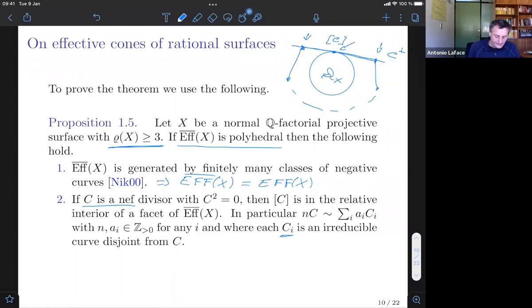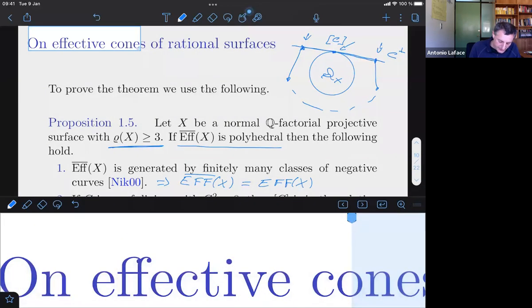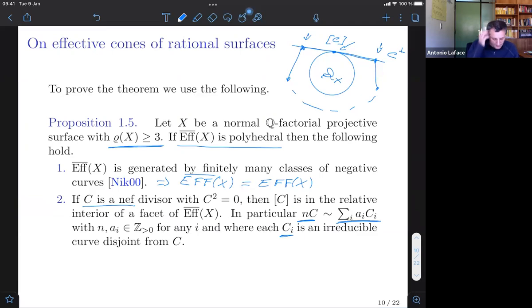So this means that the class of C is a linear combination with positive coefficients of the classes of some of these C_i, because C lives in the cone generated by these classes. After clearing denominators, I get that n times C is linearly equivalent to a sum with positive coefficients of these C_i, which are irreducible curves in C orthogonal.